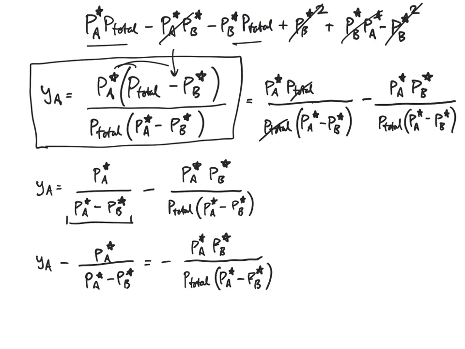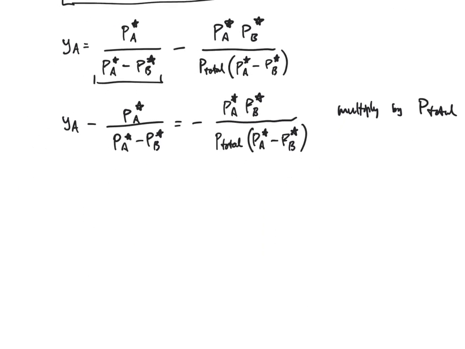All right, the next step is to multiply both sides by P total. And what do we get when we do that? We get P total times YA minus PA star, PA star minus PB star.